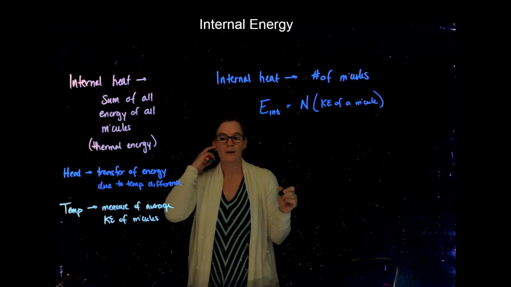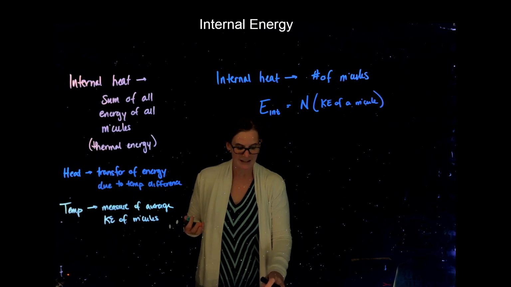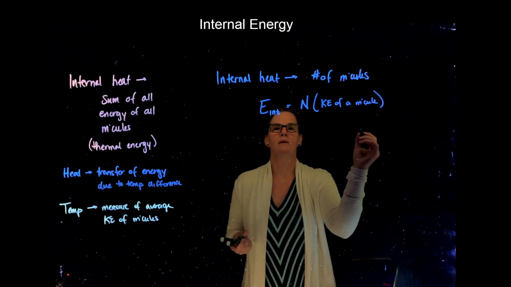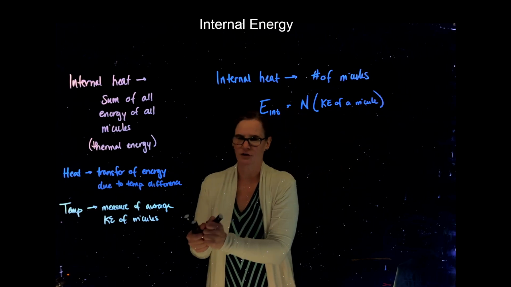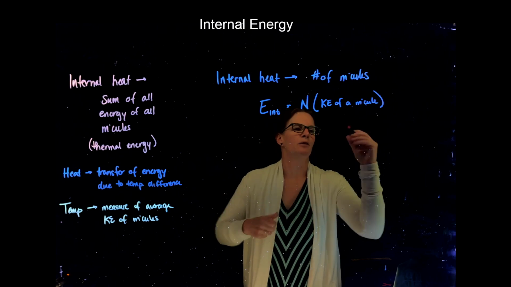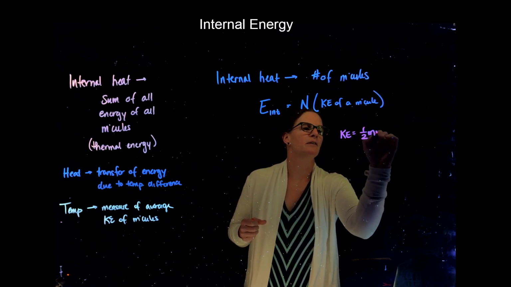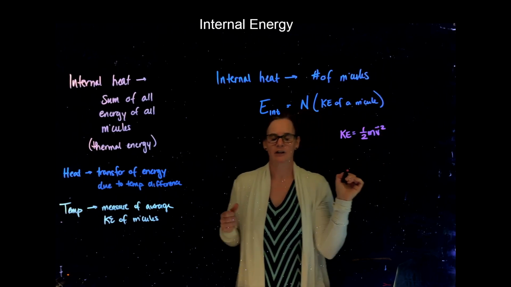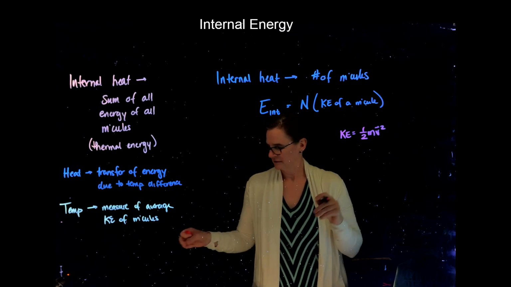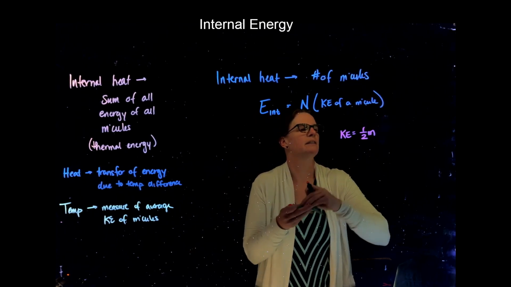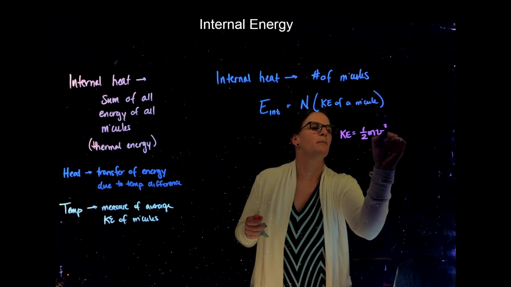Okay? Well, remember, we learned that the kinetic energy of a molecule, let's do this in different colors so we can keep it straight. We know that the kinetic energy was equal to 1/2 mv squared. That was kind of that average value, right? That shouldn't be a little arrow, it should be just a line. Let's just make that clearer so it's consistent with what we've done before.